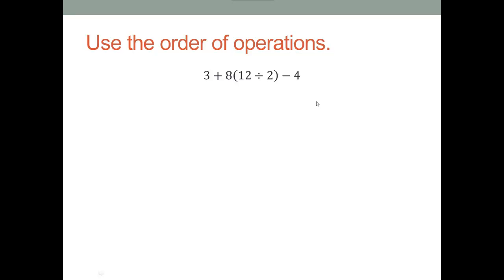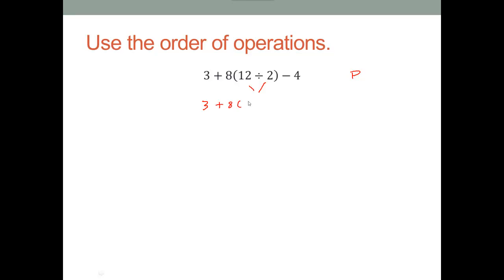All right. Using the order of operations to simplify this expression, we have 3 plus 8, and then in parentheses 12 divided by 2, then minus 4. So our order of operations tells us to look and see if we can simplify inside any enclosure first. So we'll call that P for parentheses. And we can. We have 12 divided by 2 that we can simplify.